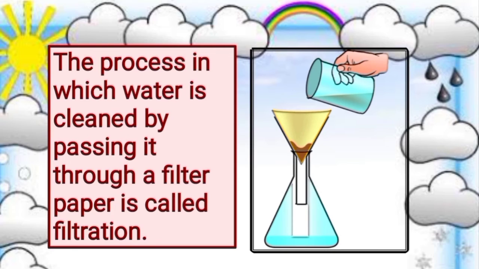For example, sand and water can be separated by filtration. An example of filtration used at home is the separation of tea leaves from tea using a strainer. So this is another method of purifying water.